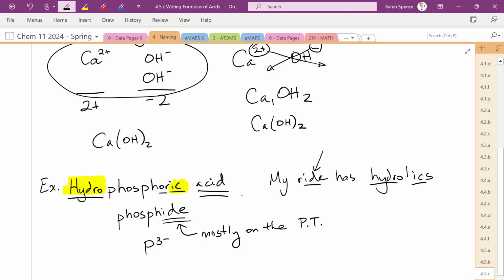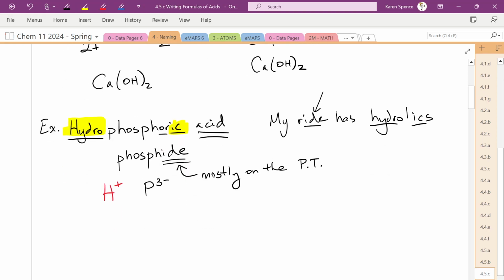Hydrogen. So who's the cation? Hydrogen. So the cation in acids is always H plus. Okay?